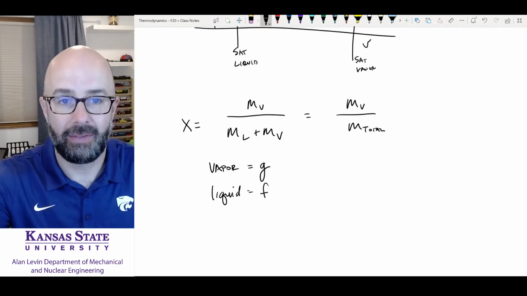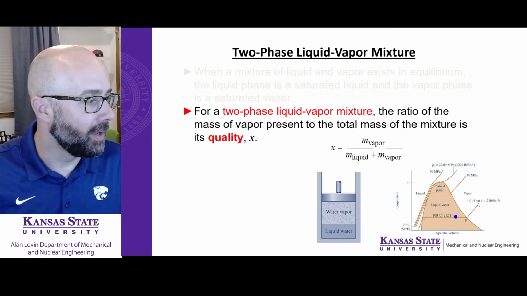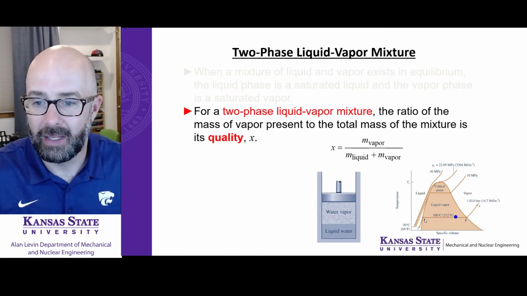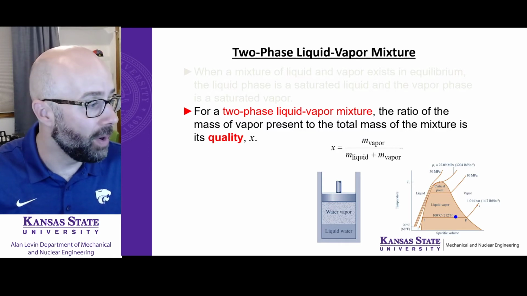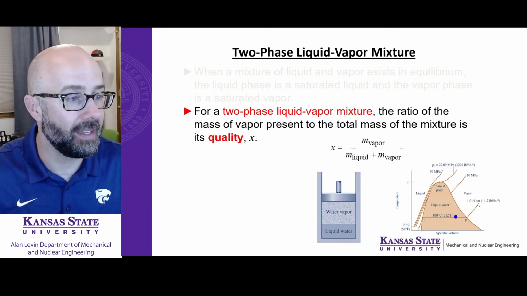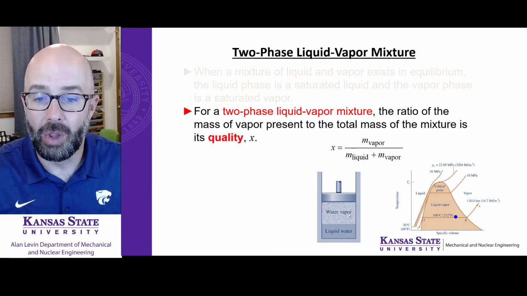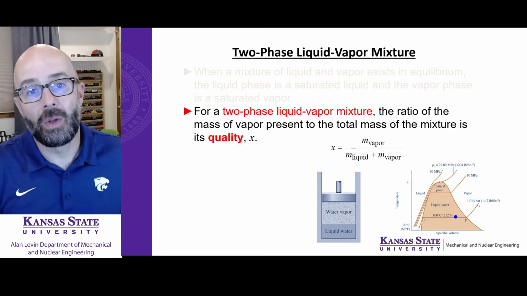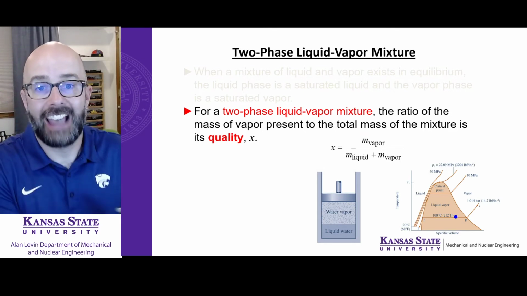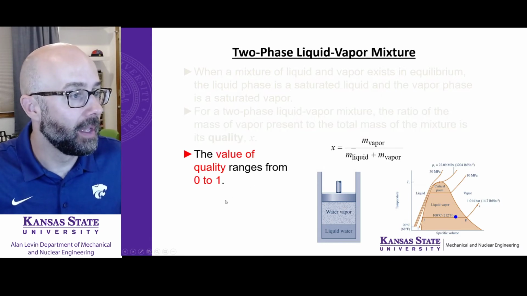That's what I've determined. As you go back here, and let's look over here at the desktop, we're defining the saturated liquid state as f, and the saturated vapor as g. It's important to note that in this two-phase mixture, all the water vapor is saturated vapor, and all the liquid water is saturated liquid. They're just mixed up in pieces there.